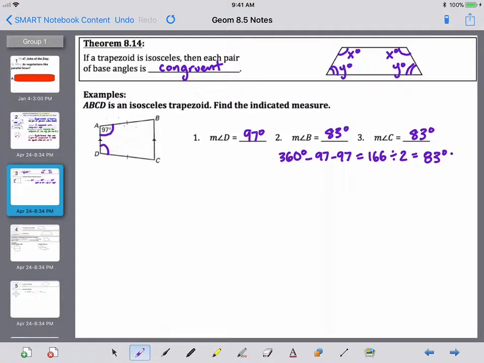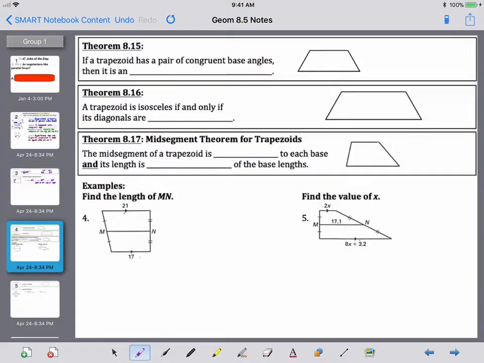Let's look at another theorem involving an isosceles trapezoid. So if a trapezoid has just one pair of congruent base angles, then it must be an isosceles trapezoid. And we'll look at a picture of just that in a moment here.